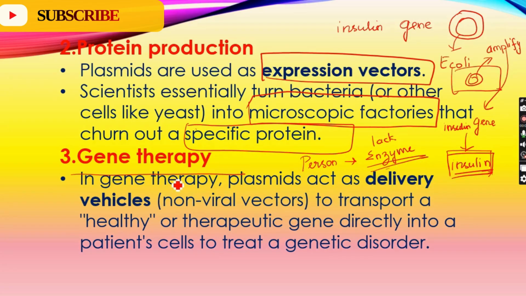So the enzyme can be synthesized through gene therapy, which means the gene that is lacking in the person for the production of the enzyme is introduced into the plasmid, introduced into bacterial cells, and then introduced into the human cell, which leads to amplification of the gene and production of the enzyme of interest, which is used in gene therapy.